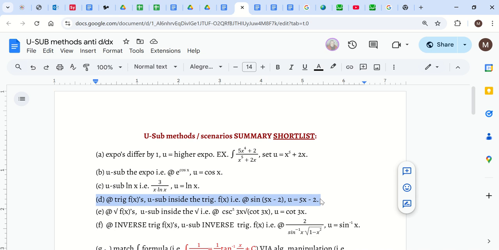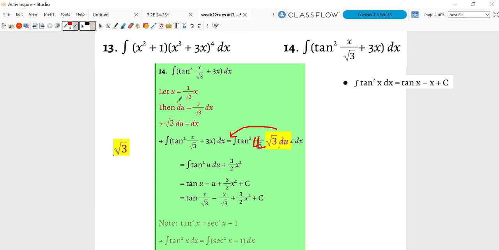U sub inside the trig. So u equals this, and take the derivative of each side.